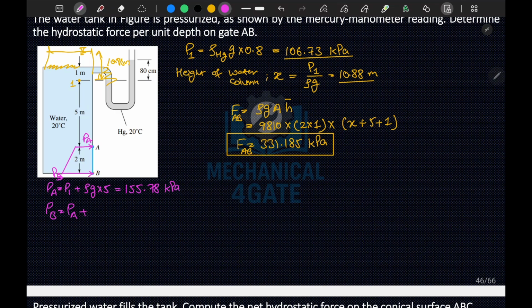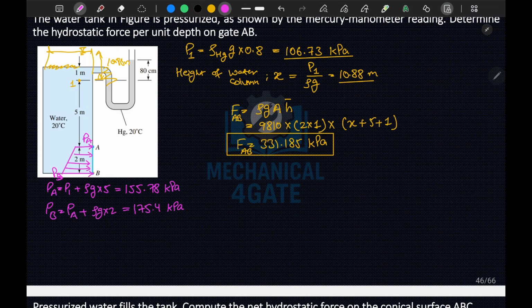And PB is equal to PA plus rho g into 2, so this is equal to 175.4 kilopascal. So we have obtained our PA and PB, and this is a trapezoidal shape.